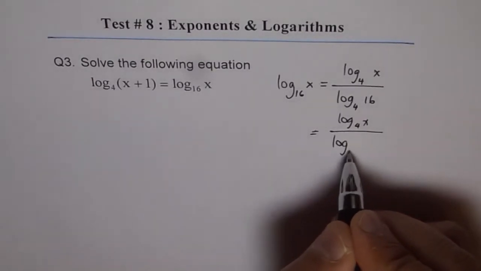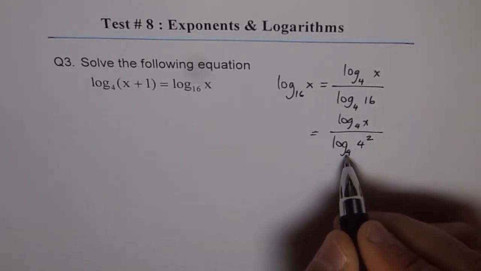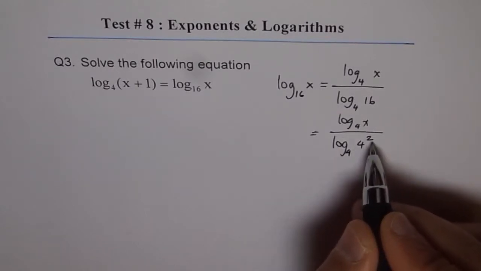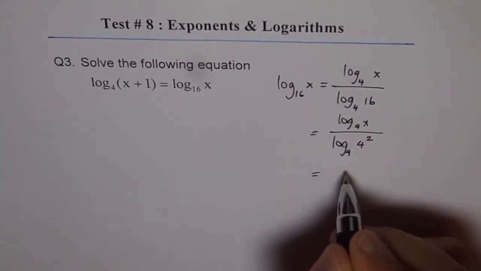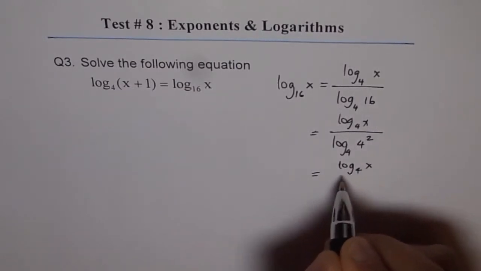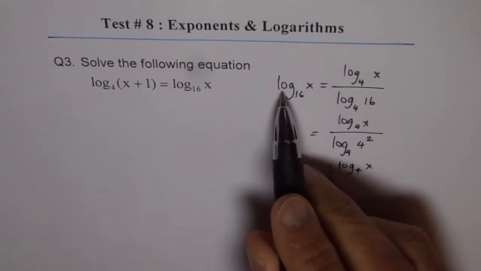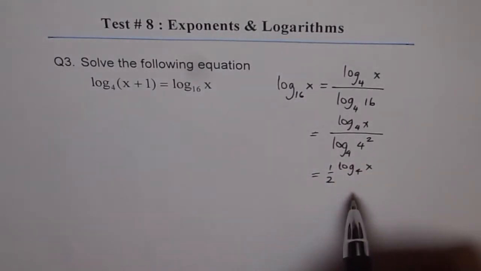So we have log to the base 4 of 4 squared. Log of 4 squared to the base 4 is 2, correct? So this simplifies to log to the base 4 of x over 2, so half, right? That is how we can write log to the base 16 of x, correct?